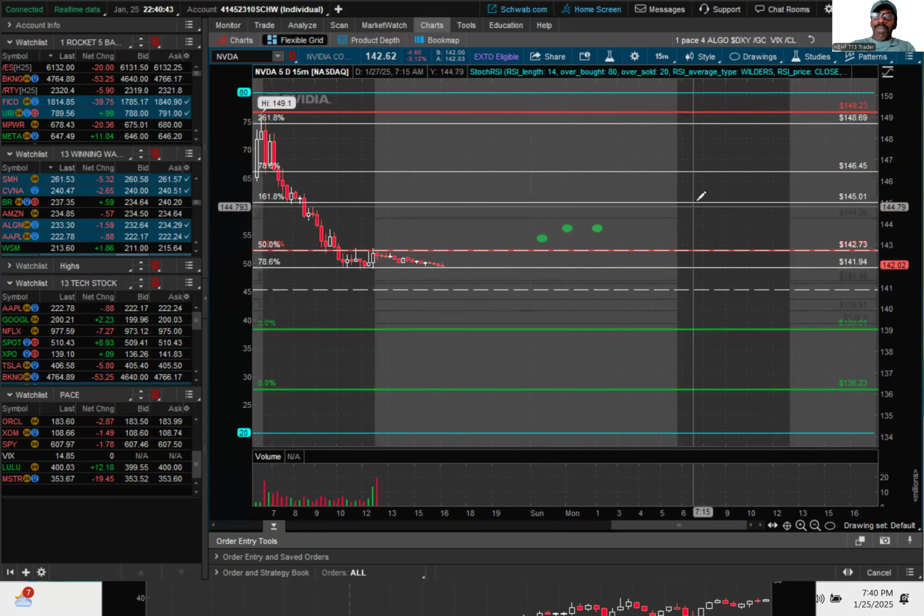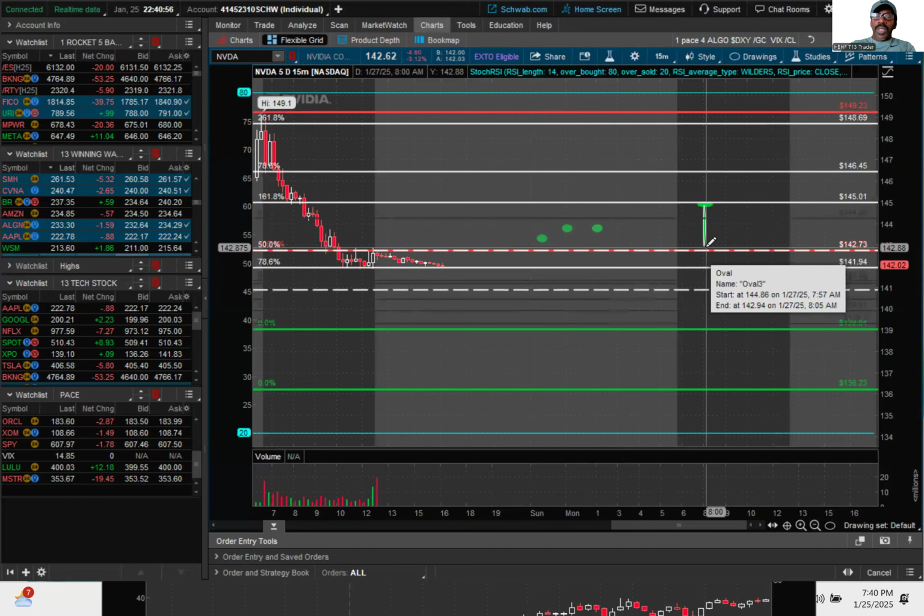But remember, it may retest this area and drop down before it goes up.